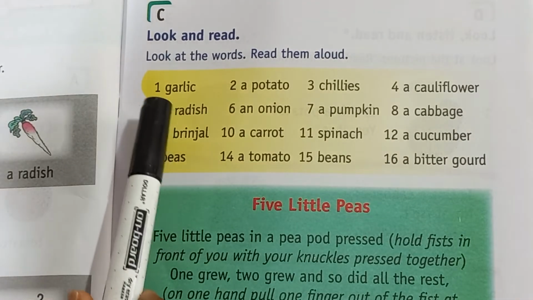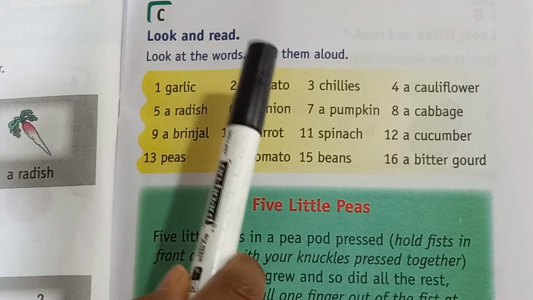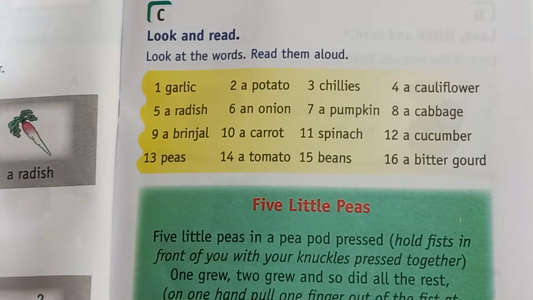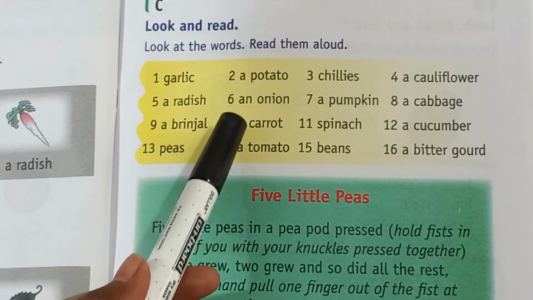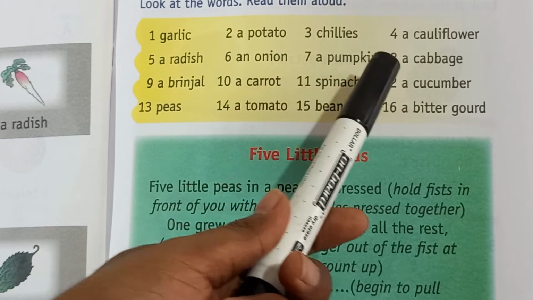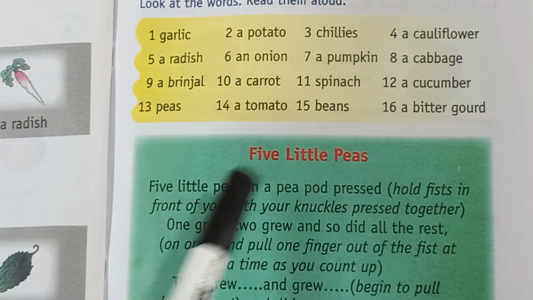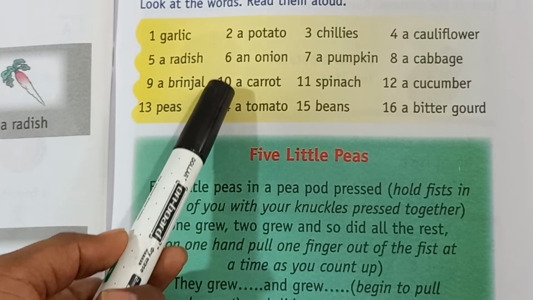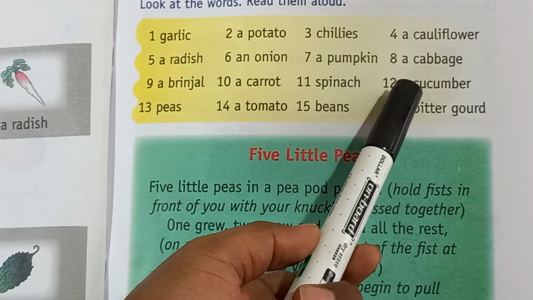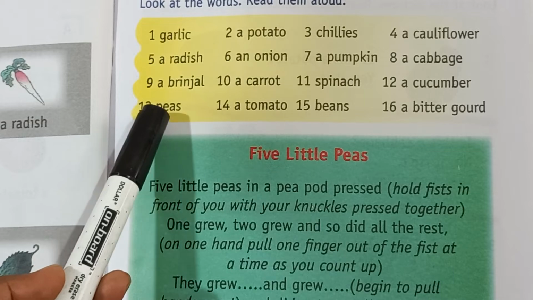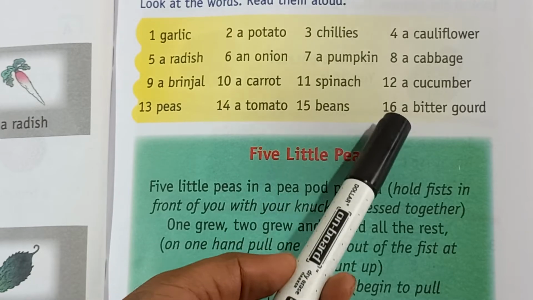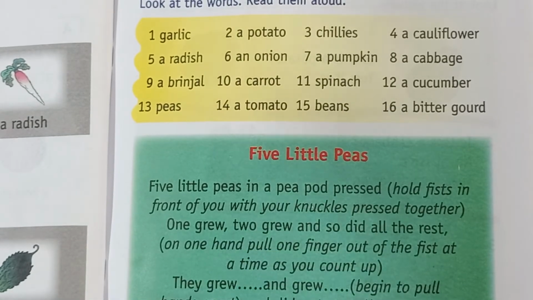Dear students, number 1, garlic, number 2, potato, number 3, chilies, number 4, a cauliflower, number 5, a radish, number 6, an onion, number 7, a pumpkin, number 8, a cabbage, number 9, a brinjal, number 10, a carrot, number 11, a spinach, number 12, a cucumber, number 13, pears, number 14, a tomato, number 15, beans, the last one, number 16 is a bitter gourd, okay?